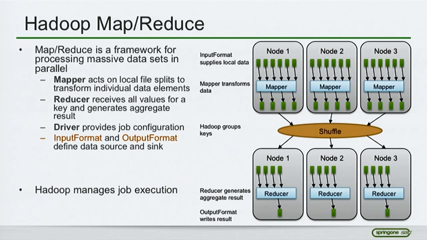Inside your mapper, you transform the data. You may filter it, validate it, correlate it with other information, and spit out some intermediate results. Hadoop will then shuffle that around and send all the values for a given key to a reducer. The reducer's job is to take those values and spit out some sort of aggregate, and it sends that aggregate value to your output formatter.